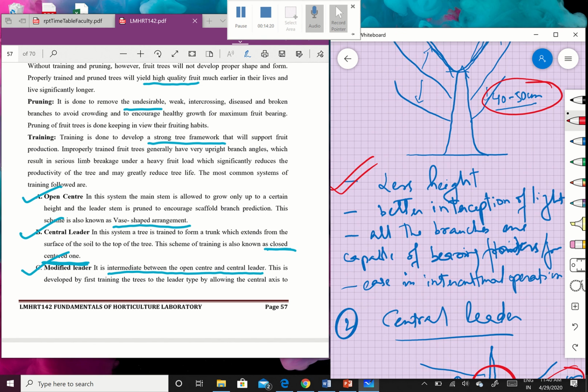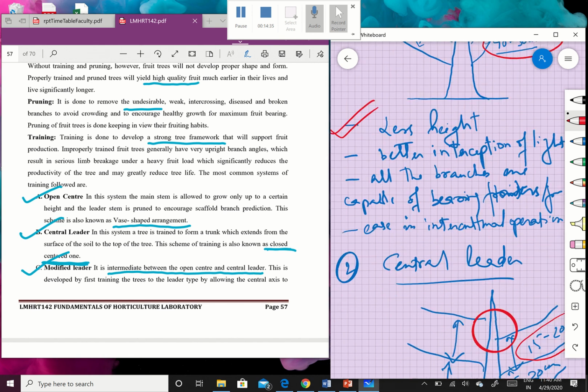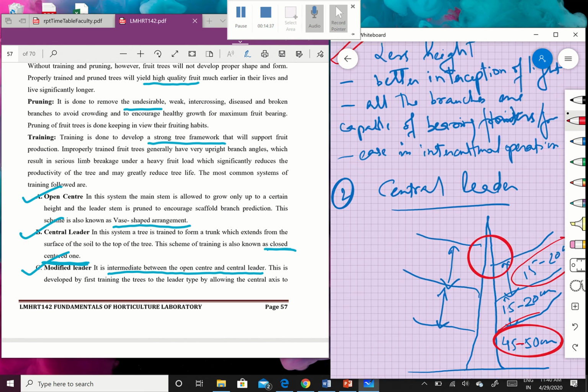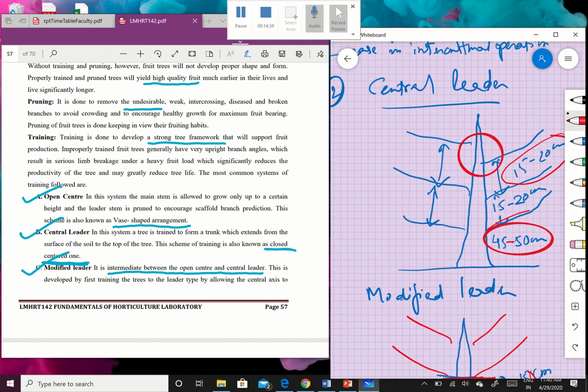The advantages are less height, so better interception of light, all the branches are capable of bearing fruit, and ease in intercultural operations. But because of its shape it can deposit more frost, so it should not be grown in areas that are prone to frost. Then in central leader, the main central axis we are going to grow uninterrupted.